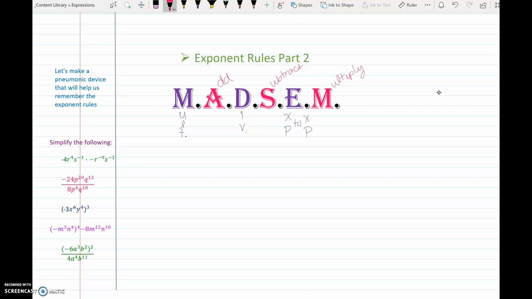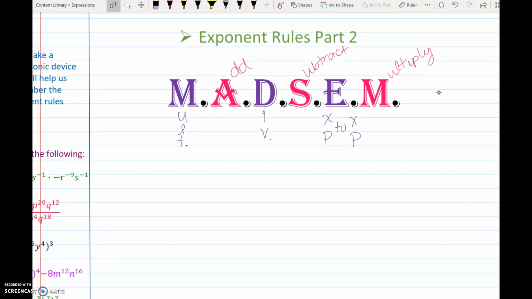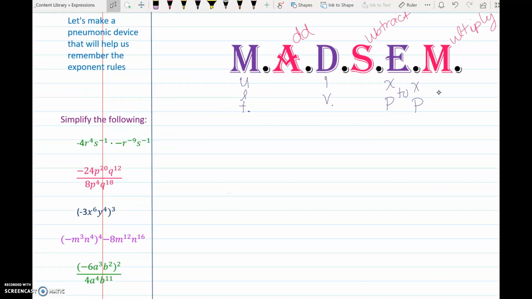So you don't have to use this. Again, it's just a tool that I use to help me remember my exponent rules. So it's there if you want it, no pressure. So again, whenever we multiply, we add the exponents, dividing, we subtract. When we have an exponent raised to an exponent, we multiply.